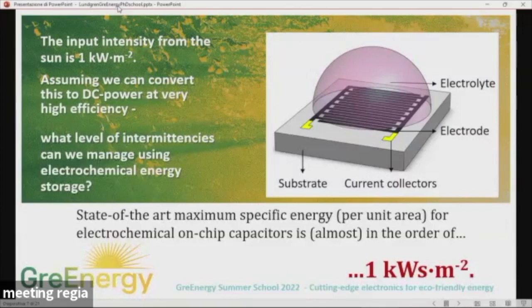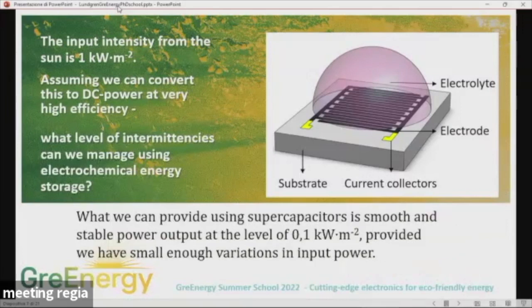So if power is out for a second, we can have that power stored on an on-chip supercapacitor of the same area as the harvesting device. One can say that, okay, if we use this state-of-the-art on-chip supercapacitors, we can manage to provide stable power on the level of perhaps a tenth of the total input power.